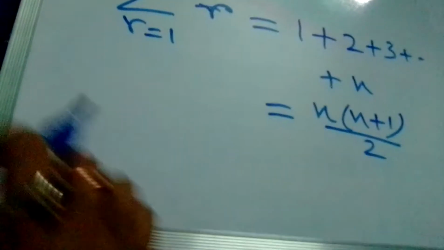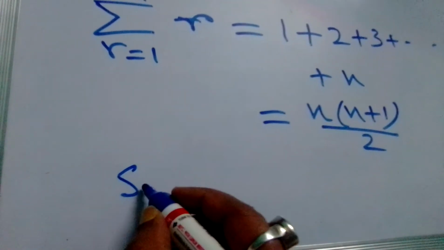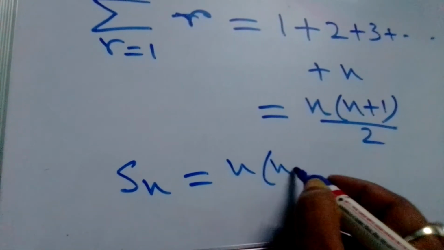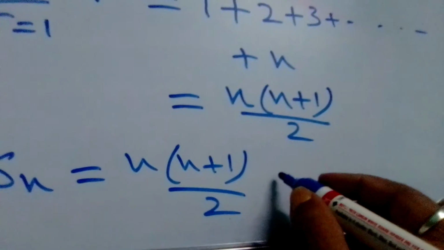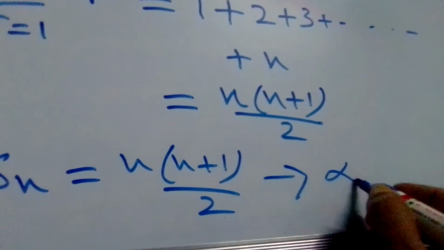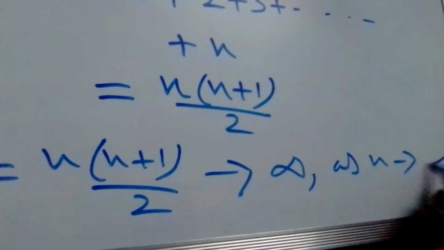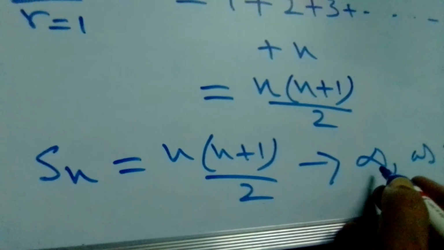If we test this series and name it Sn, equal to n into n plus 1 by 2, that goes to infinity as n tends to infinity. As we know, as n tends to infinity, the whole series goes up to infinity.